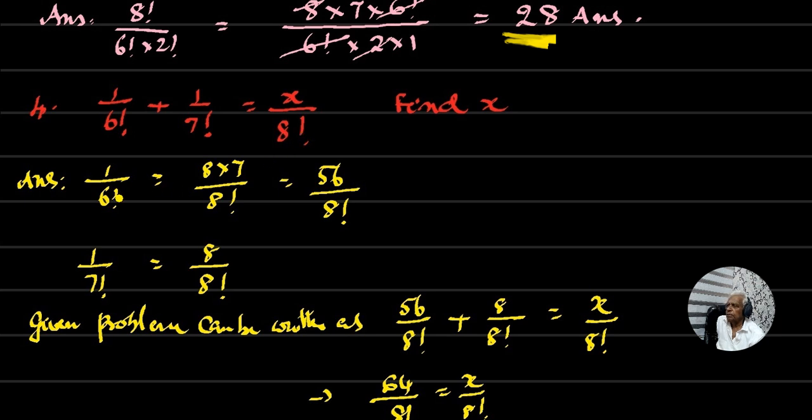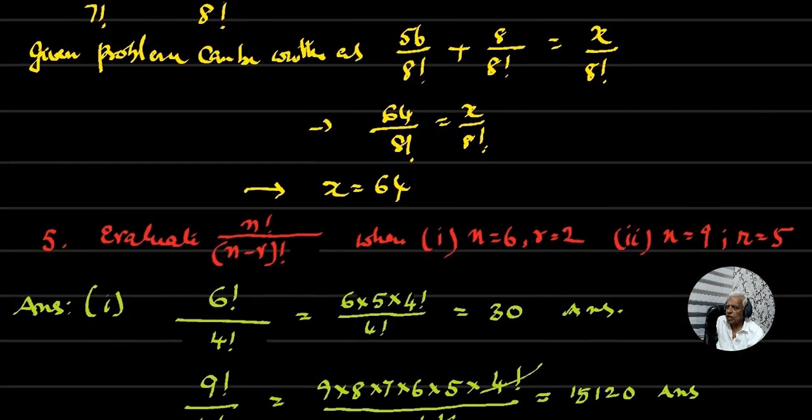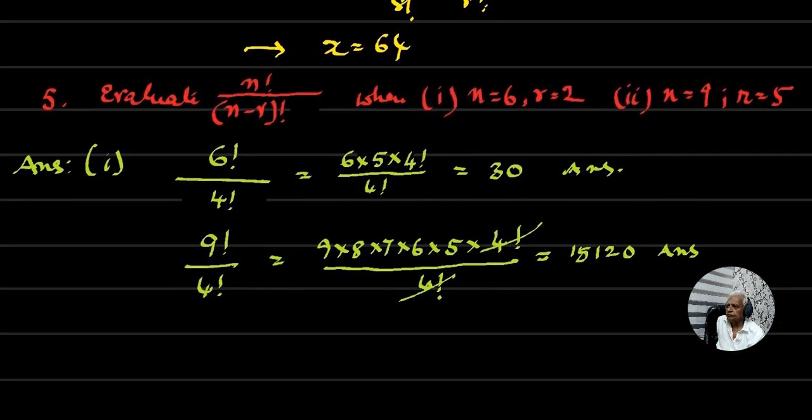This is 8 times 7 by factorial 8, and 1 by factorial 7 is 8 by factorial 8. So this plus this is 64 by factorial 8, which is x by factorial 8. x equal to 64.